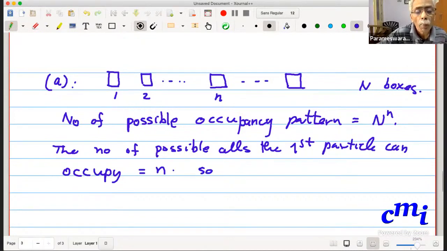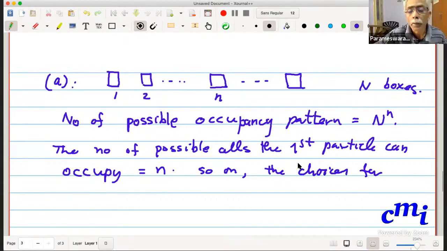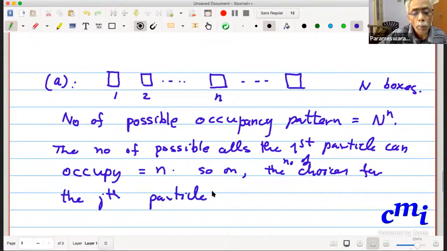And so on. The number of choices for the jth particle is n minus j plus 1.